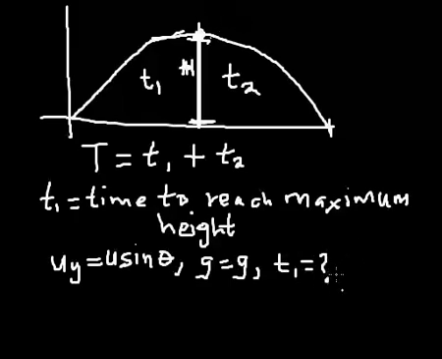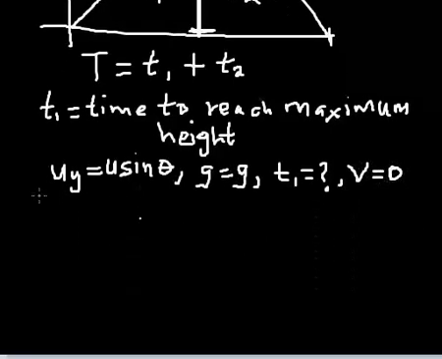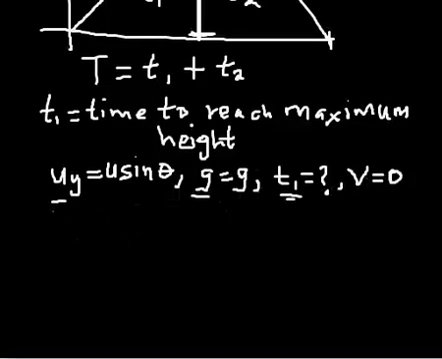Don't forget, I've told you this before, at the maximum height, the final velocity is always equal to 0, right? Why am I writing these parameters? Because I want to apply any of the equations under gravity to evaluate this t. So I have u, I have g, I have t, I have v. Which equation does this capture? Of course, it captures the very first equation of motion under gravity.